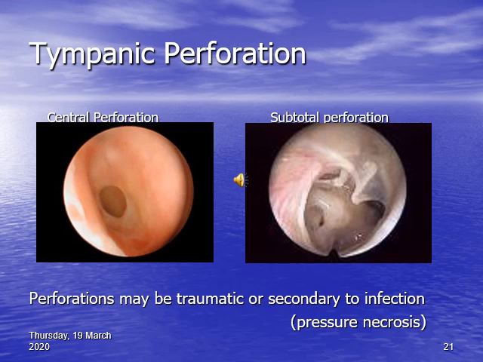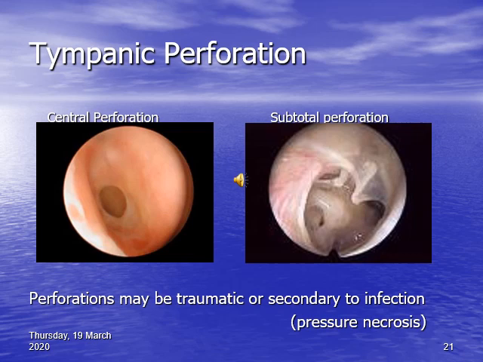The other types of tympanic membrane perforation are those occurring because of chronic middle ear disease, which we call chronic perforations. These chronic perforations occur because of recurrent attacks of acute tympanic membrane perforations or because of unhealed traumatic perforation.